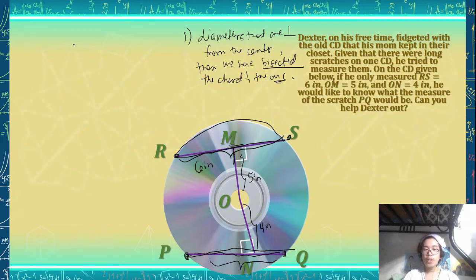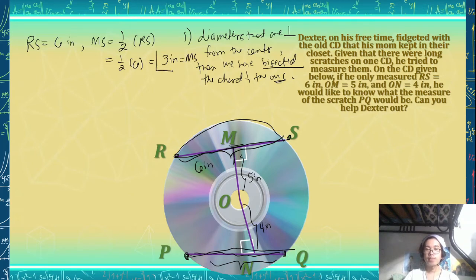And since RS is equal to 6 inches, therefore the measurement of MS is just going to be 1/2 of RS. And that should give you 1/2 of 6, which is going to give you 3 inches. This is the measurement of MS.